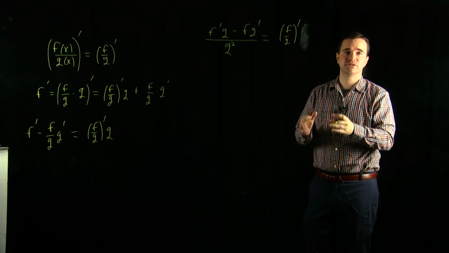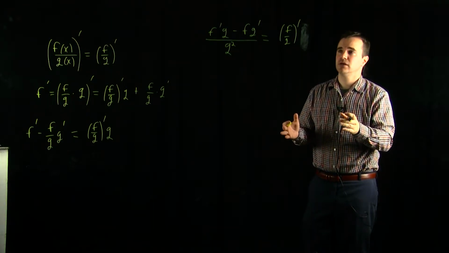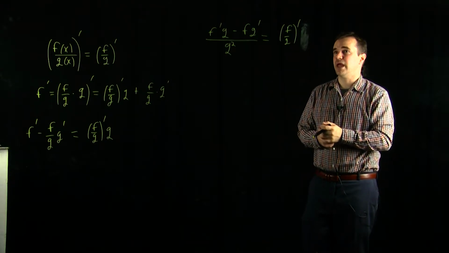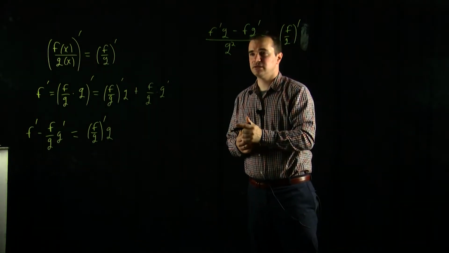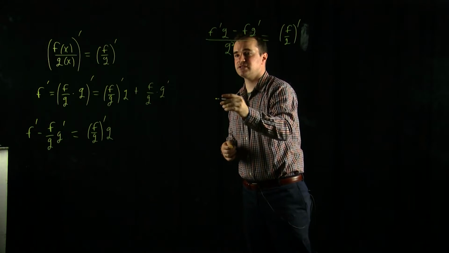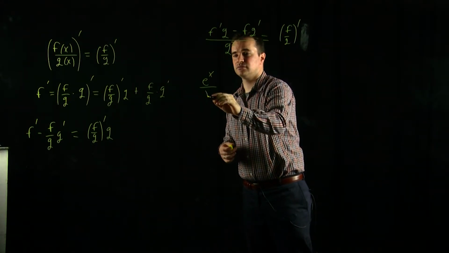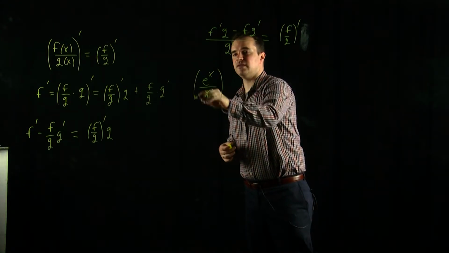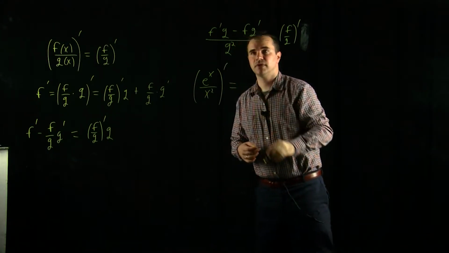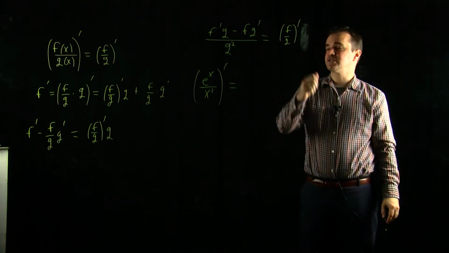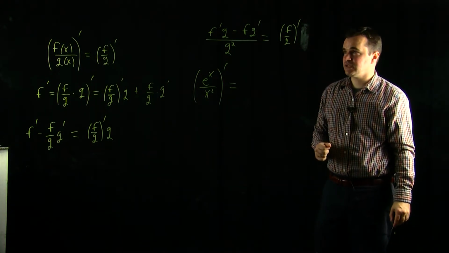And from now on, when you see a quotient of two functions, you can just use that rule however you want. For instance, let's take something like e to the x over x squared, and let's find its derivative using the quotient rule. Now e to the x is my function f, x squared is my function g.